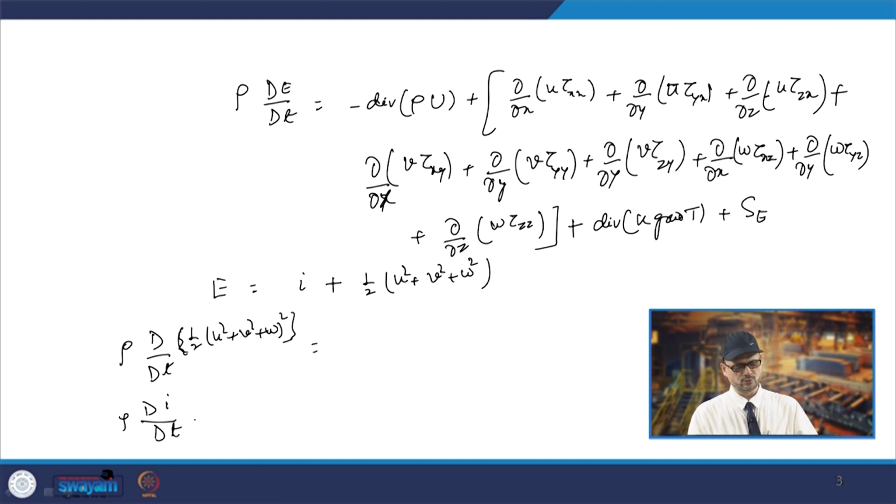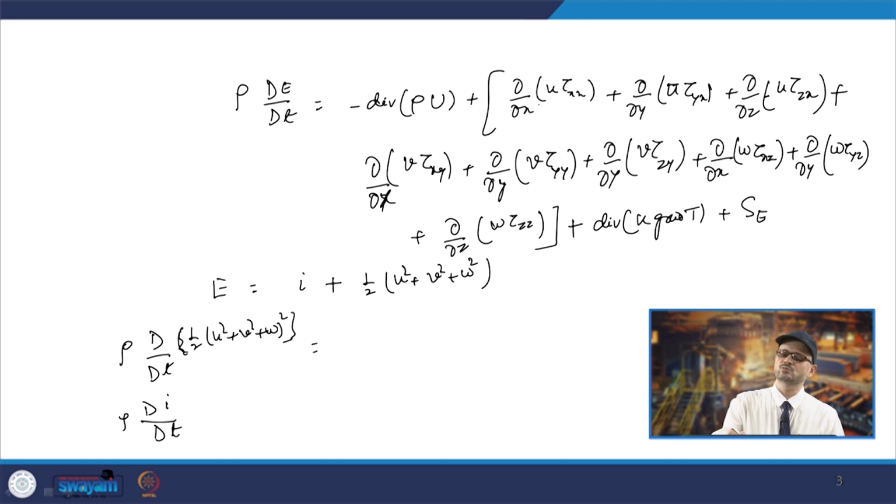Now, in this one term will be for I, the internal energy, which we can take for the temperature term, and those terms will go with that term. But for the part of half of (u² + v² + w²), that is the kinetic energy part, that will be obtained by multiplying the u component with the x momentum.